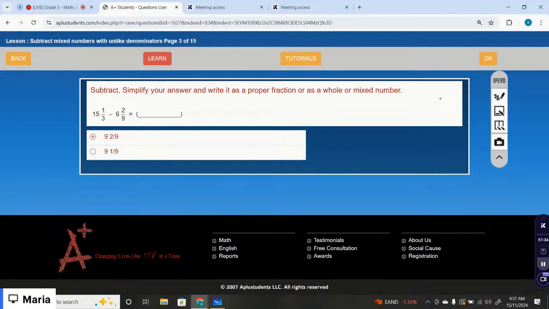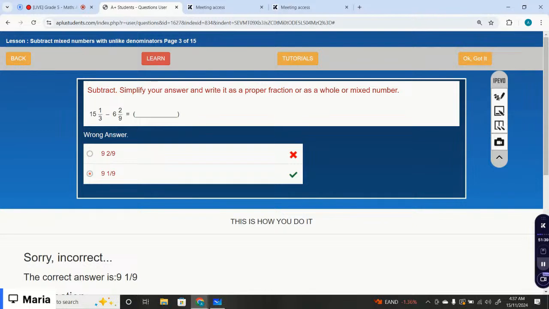Option number 1 is the correct option, right? No one is answering the questions. Oh, that is 9 whole 1 over 9. Sorry, not 2 over 9.